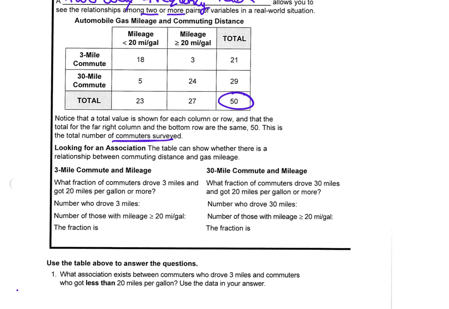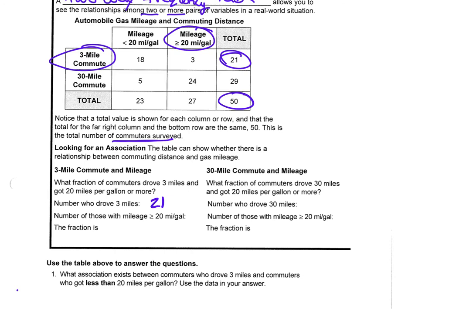So we're looking for an association. The table can show whether there is a relationship between commuting distance and gas mileage. Looking at our 3-mile commute and our mileage, what fraction of the commuters drove 3 miles and got 20 miles per gallon? The total for who drove 3 miles is 21 from your table.